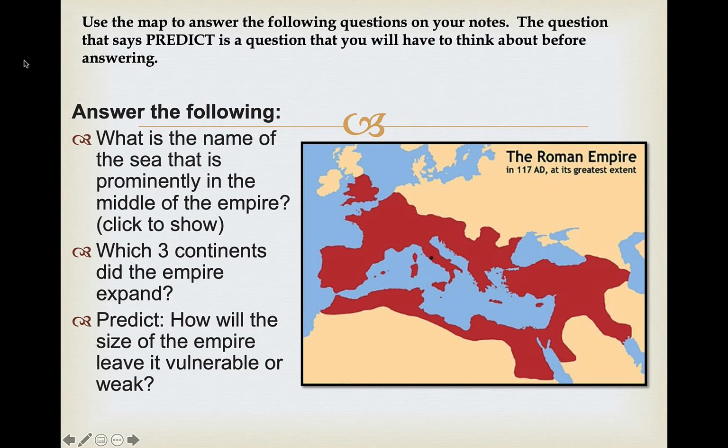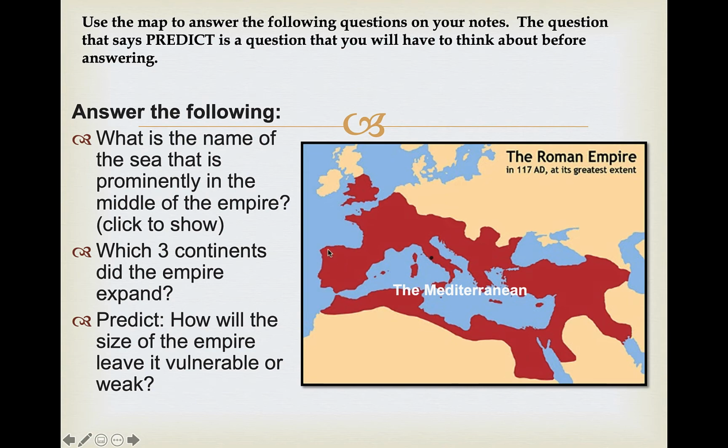And yes, I know you guys already had this slide for your warm up, but here it is again. And now we can actually answer these questions. So, what's the name of the sea that is prominently in the middle of the empire? So, the Mediterranean Sea. If you look around here, here's Italy. Of course, Rome is right there. Here's the Mediterranean. Over here is Turkey. Here's Africa. Here is the Strait of Gibraltar.